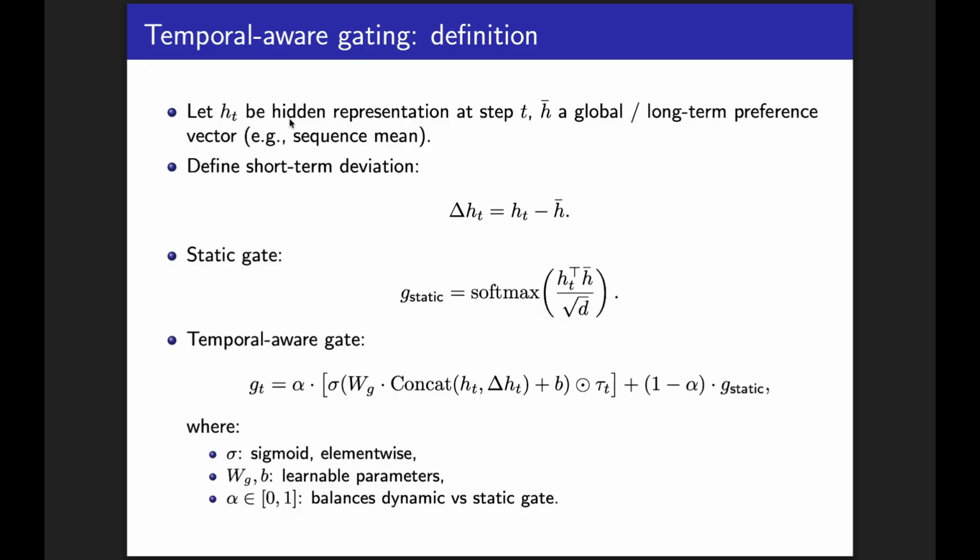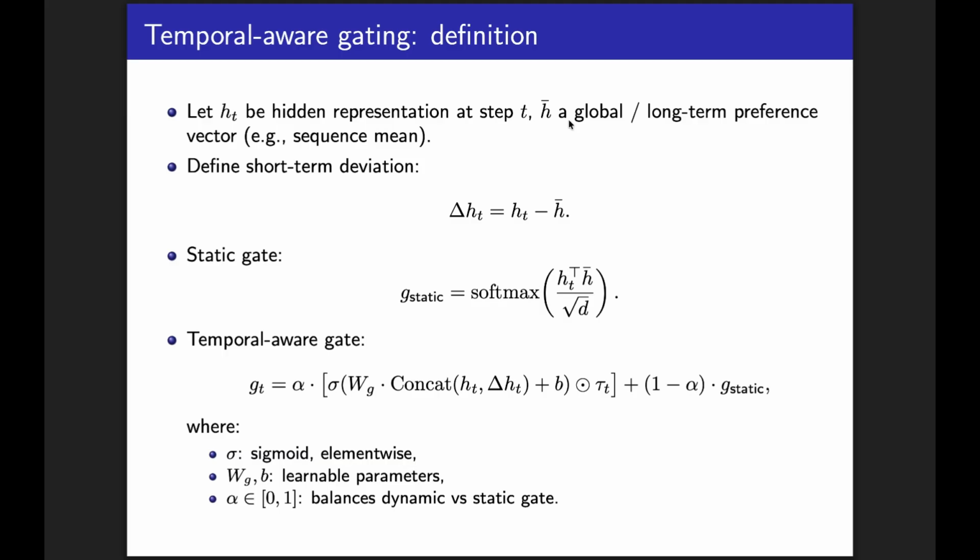H of T is a hidden representation at step T. So imagine it is kind of an embedded representation at step T. And H hat here is instead the sequence mean. We can think of the mean of the entire sequence for a specific user.